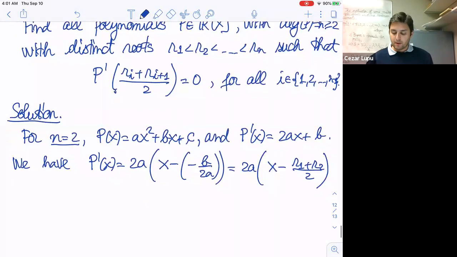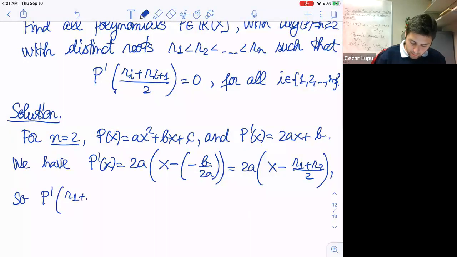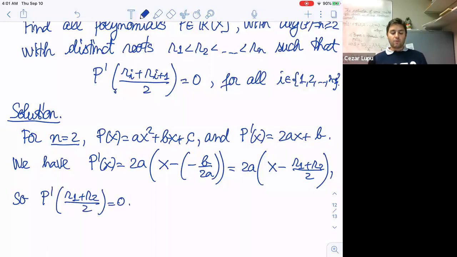So indeed, it is quite clear that the derivative evaluated at r1 plus r2 over 2 will give us 0. Okay, so for n equals 2, it works.